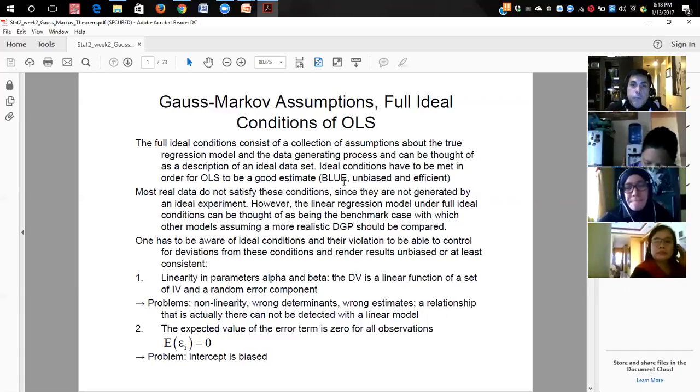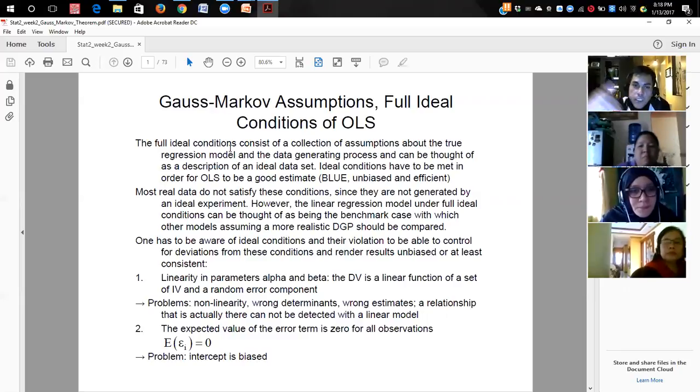That is the highlight of the Gauss-Markov theorem: with this collection of assumptions and using the regression model, the linear model, the data generated from this process can be thought of as a description of the ideal set.